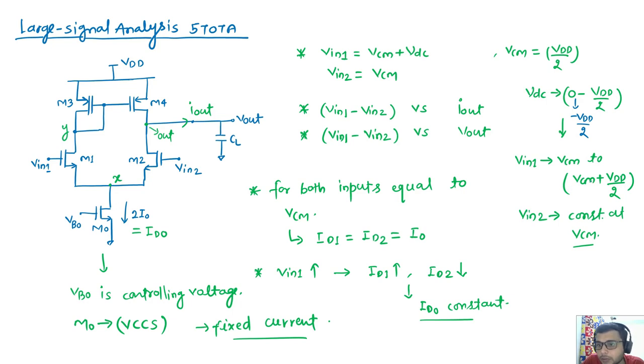Okay, sorry, this is VCM plus VDC, so it will vary from VCM minus VDD by 2 to plus VDD by 2.